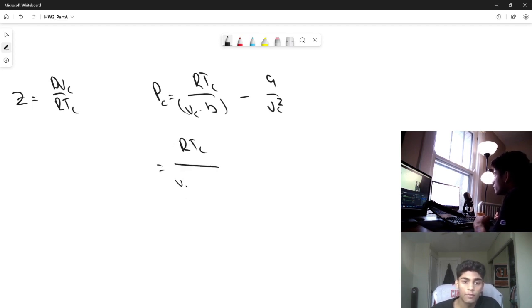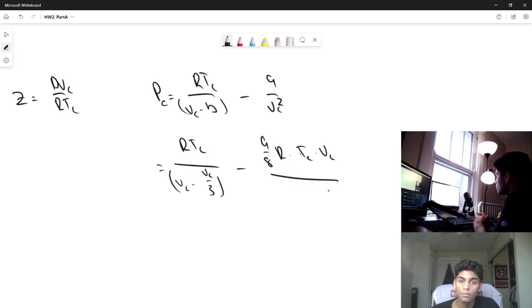Remember that VC minus B is equal to VC over 3, A is equal to 9/8 R times TC VC, and V is equal to VC squared. So let's simplify this a little bit.